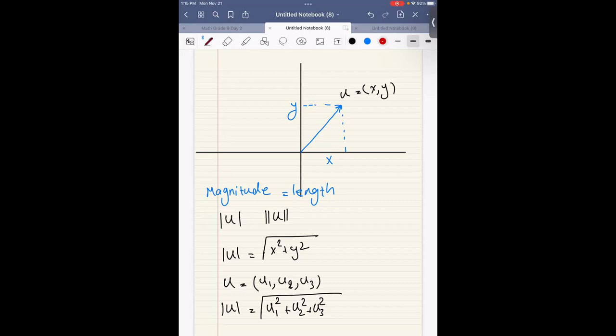So another important thing is, in two dimensions, you can talk about the angles. Like theta. Theta is the angle that the vector makes with the positive direction of the x-axis. Okay? So can you tell me the relation between x, y, and the magnitude of the vector using theta?